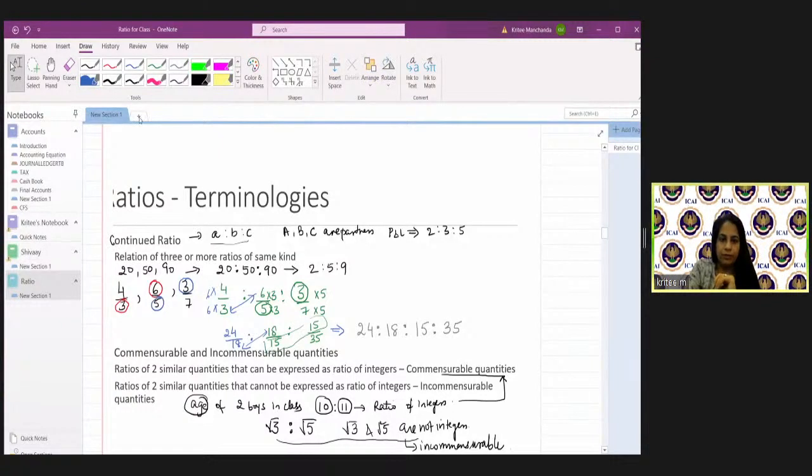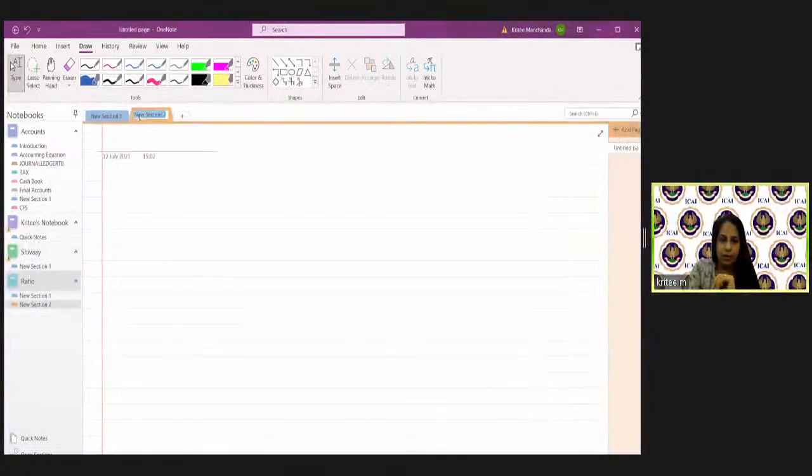Before going further, let's play a small game, kind of a revision. I'm just revising whatever terminologies we have used till now. We'll start with the first one.